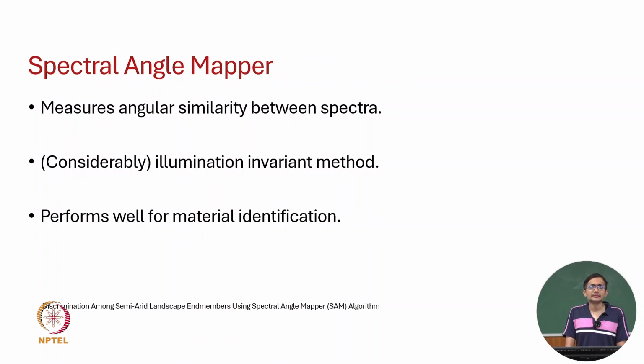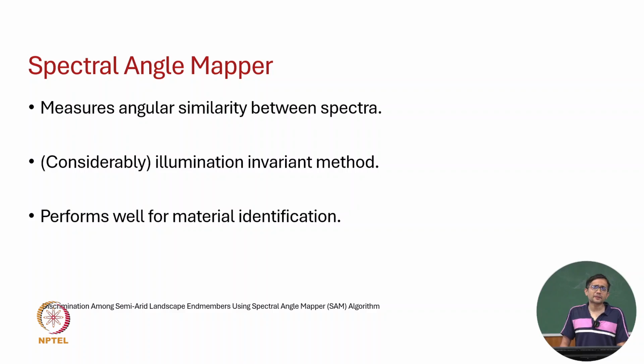Spectral angle mapper is also a popular approach used with hyperspectral images. This measures angular similarity between the spectra. It's considerably illumination invariant. So in a way, we can think of this as a variation of just cosine similarity.